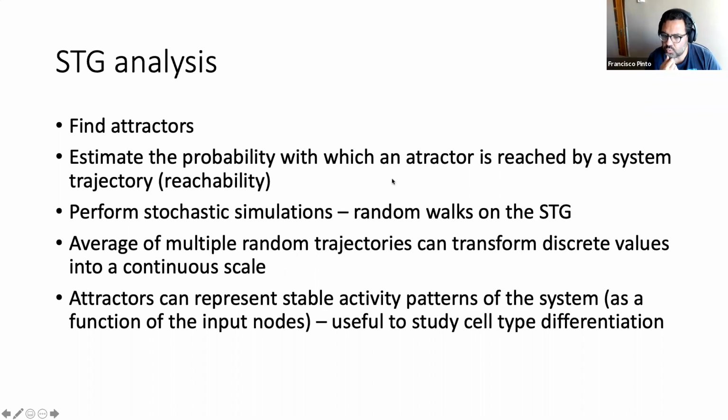And they were able to predict the time evolution of those nodes, basically because each individual stochastic simulation is like what is happening in one cell, but in most experiments you are observing changes in populations of cells, so they average out. So this average of multiple stochastic simulations may be correlated or compared with the quantitative evaluation of the activity of the nodes over time.